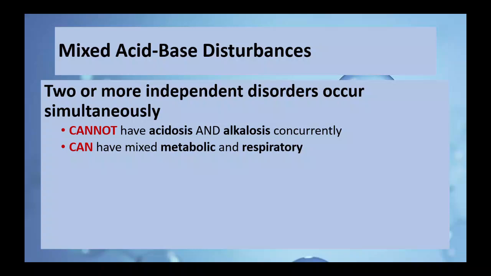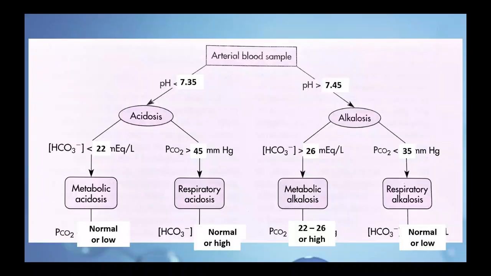You can have mixed causes, but it is always either an acidosis or an alkalosis or normal. There's not a mixed acidosis alkalosis. There is mixed metabolic respiratory. You can have a mixture, both metabolic contribution and a respiratory contribution to your acidosis, or a mixture of metabolic and respiratory contribution to your alkalosis. One or the other.